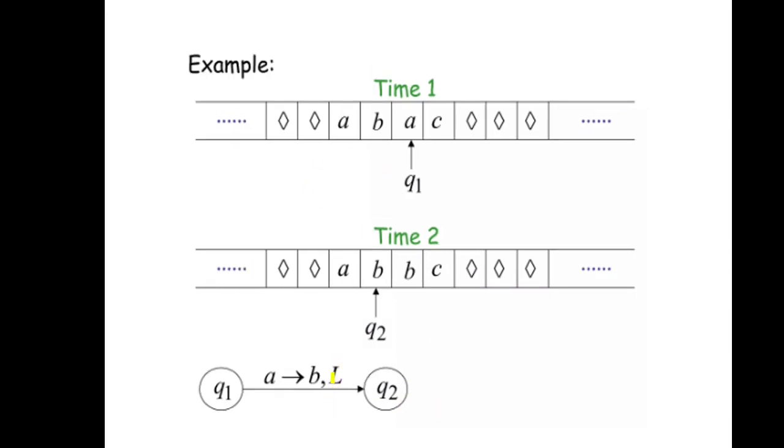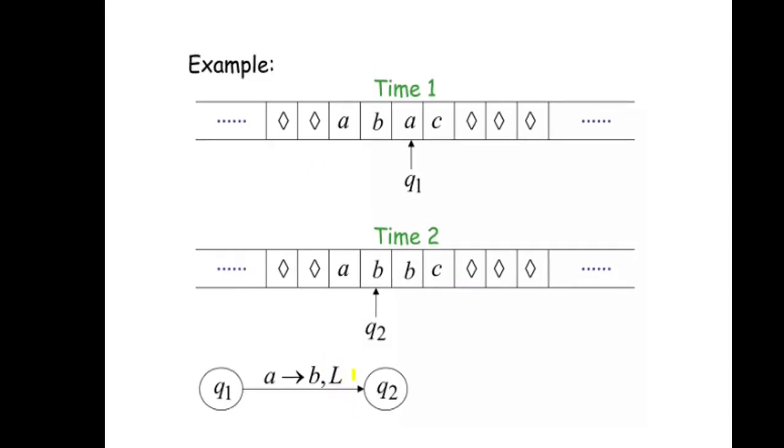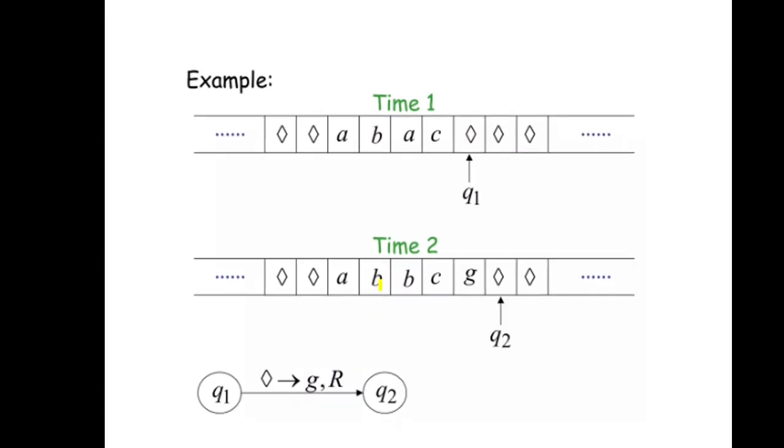Suppose in the previous one it moves right, in the next one it moves left. Left means it again reads the B symbol. So this is the process. Suppose after reading the C, it moves and reads the blank symbol. Now the current state is Q1.